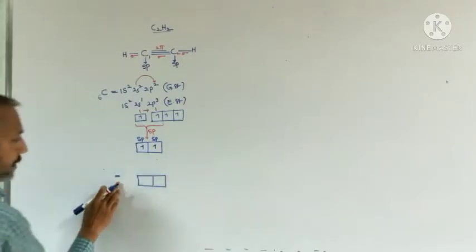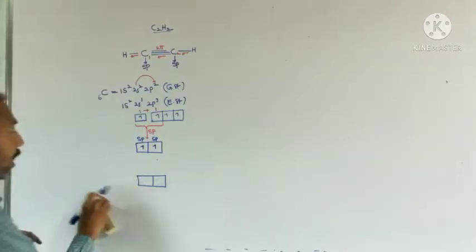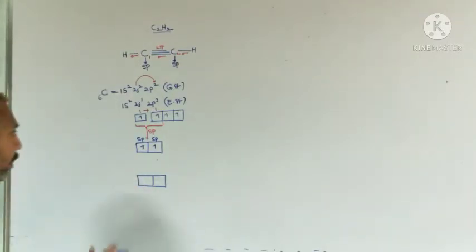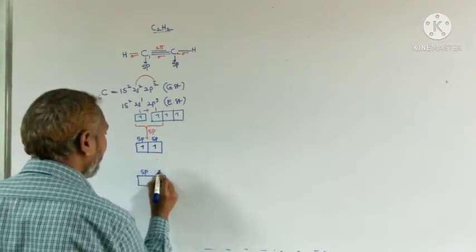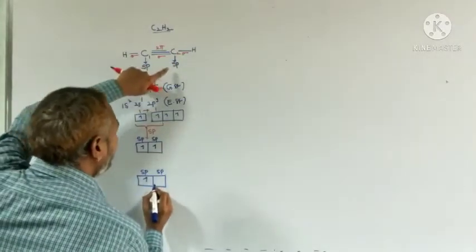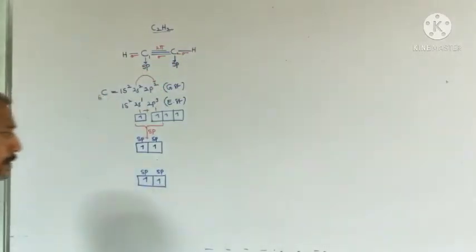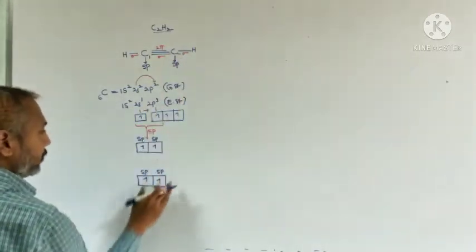This is the electronic configuration after hybridization. How many electrons are there? Here also there are 2 electrons, in the C2 carbon.